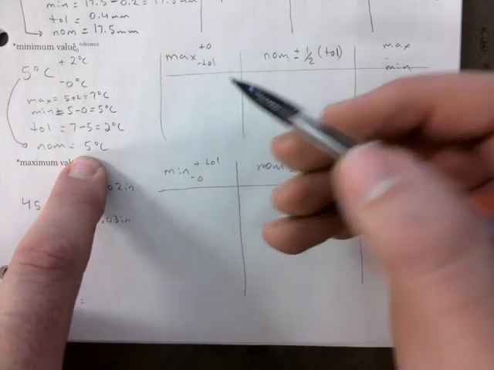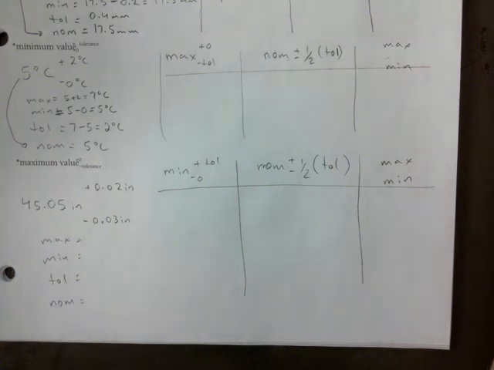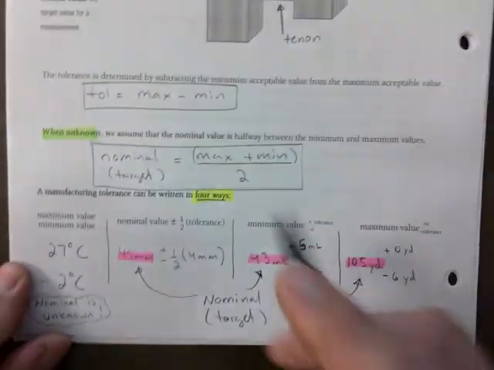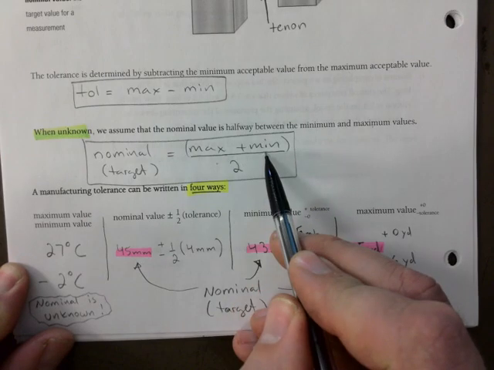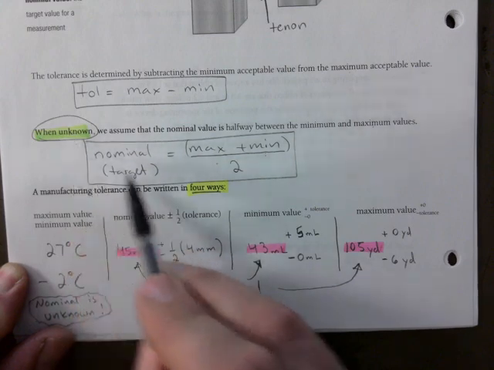To get your nominal, you went, okay. I'm actually glad it happens, because I think you're thinking this formula right here, right? When unknown, like when we don't know it, we use this.